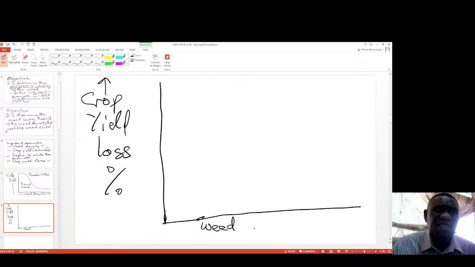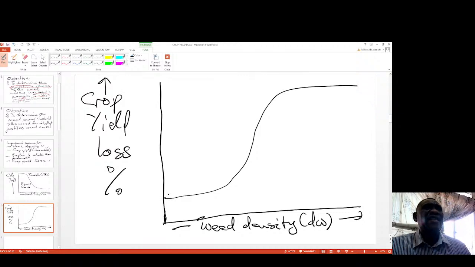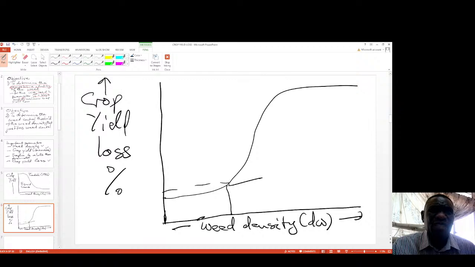So here we've got weed density. Again, there's a certain density which is up to this point, where crop yield loss is low, but suddenly from this point you get an increase.